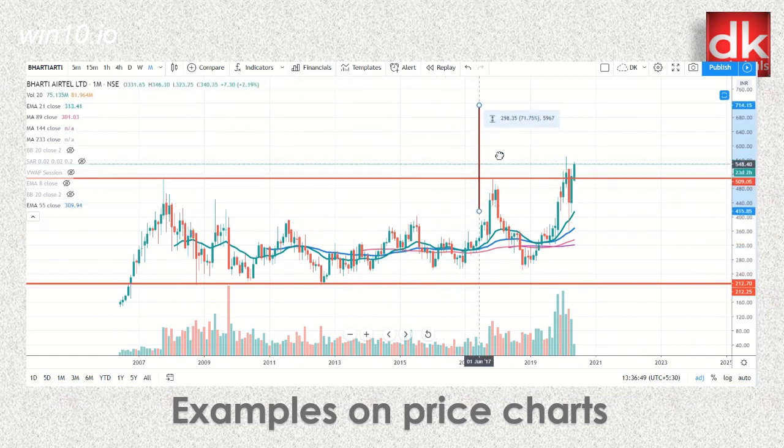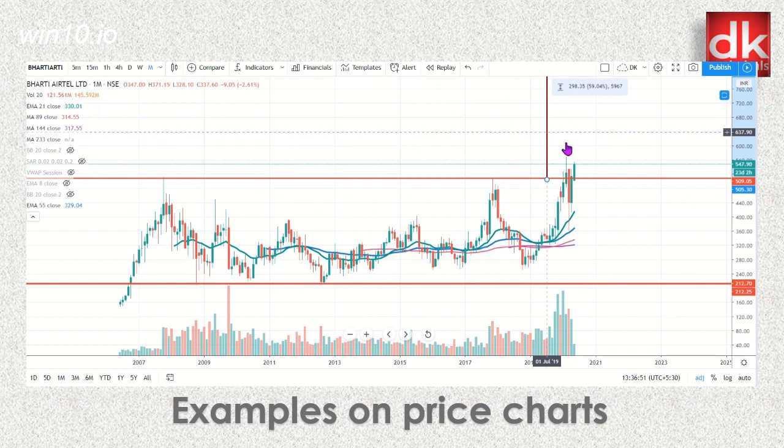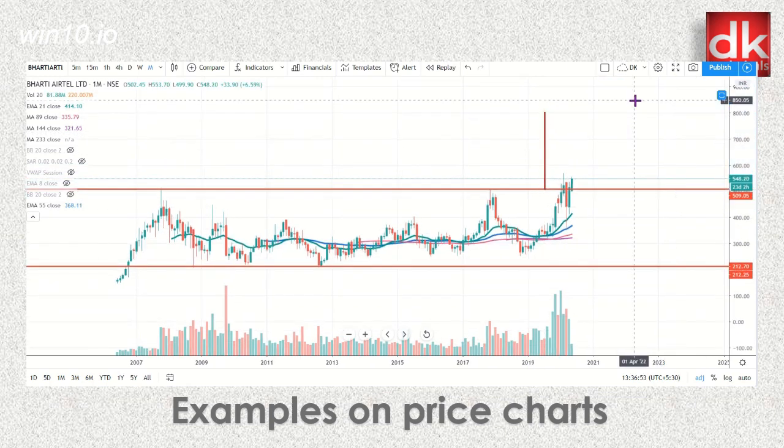So once we project the target from the point of breakout, the target calculates to nearly 790 to 800, while presently the price is trading at 540.